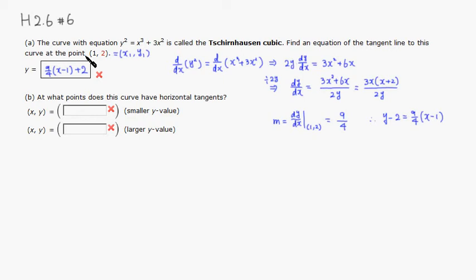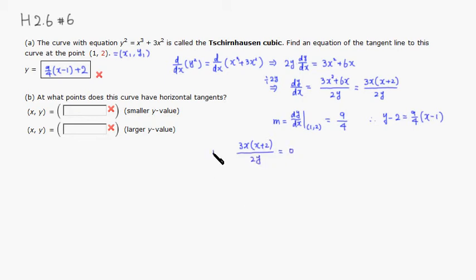All right, then we want to find the point at which this curve has a horizontal tangent line. So we just need to set the derivative equal to 0. The derivative came out to be 3x times (x plus 2) all over 2y, equal to 0.